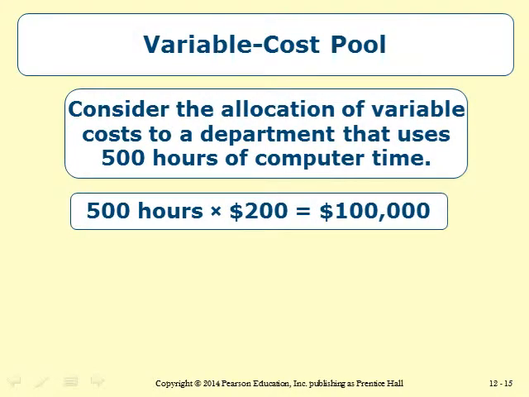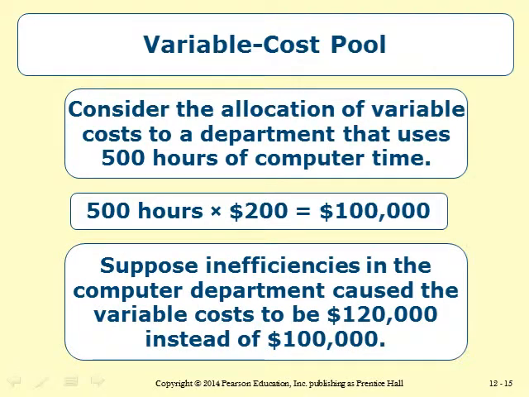So consider the allocation of variable cost to the engineering school when it uses 500 hours of computer time. Suppose the inefficiencies in the computer department cause the variable cost of providing these 500 hours of support to be $120,000 instead of the 500 hours times $200 per hour, which was the budgeted $100,000.